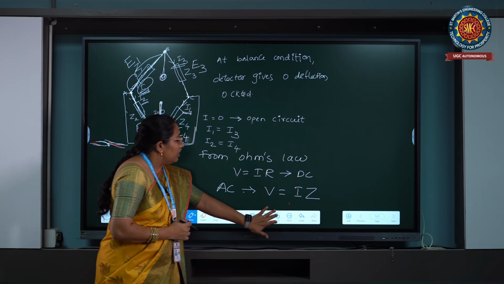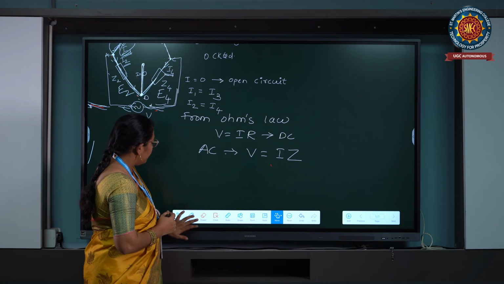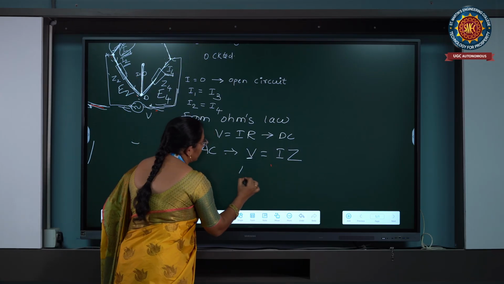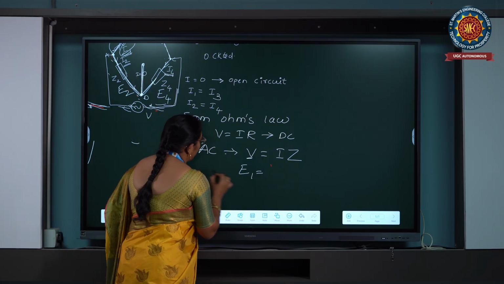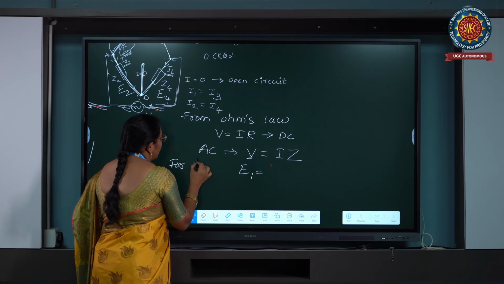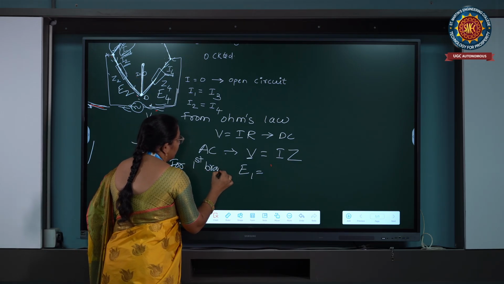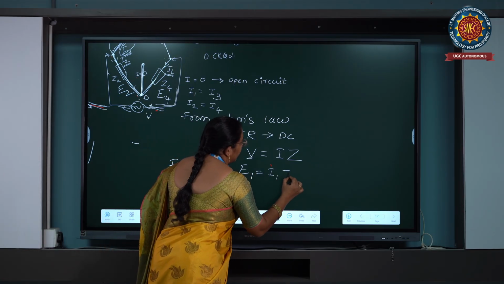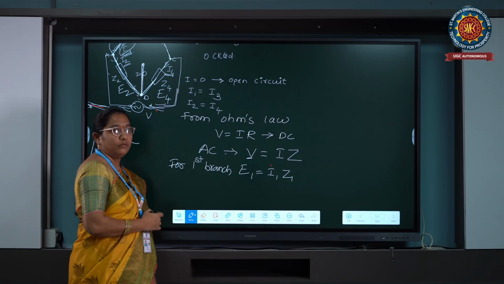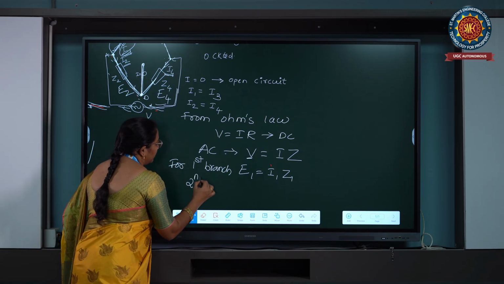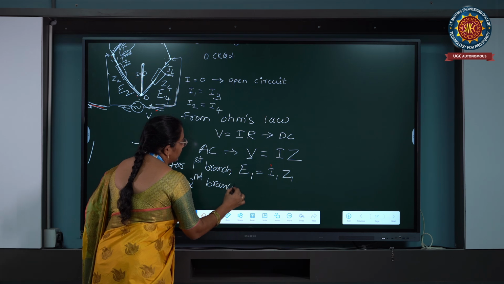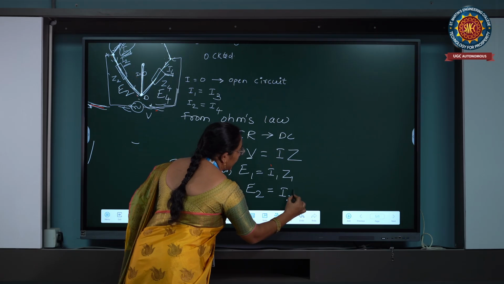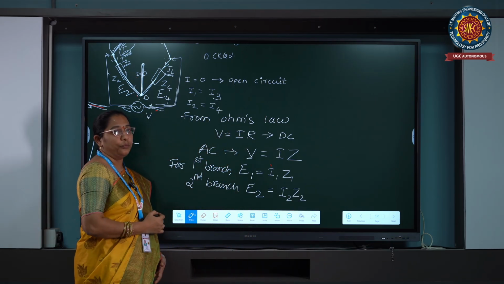So from this equation, I can write V equals to E1 and I is equals to I1 for first branch. E1 is equals to I1 Z1. For second branch, what is the voltage drop? E2. E2 equals to I2 Z2.